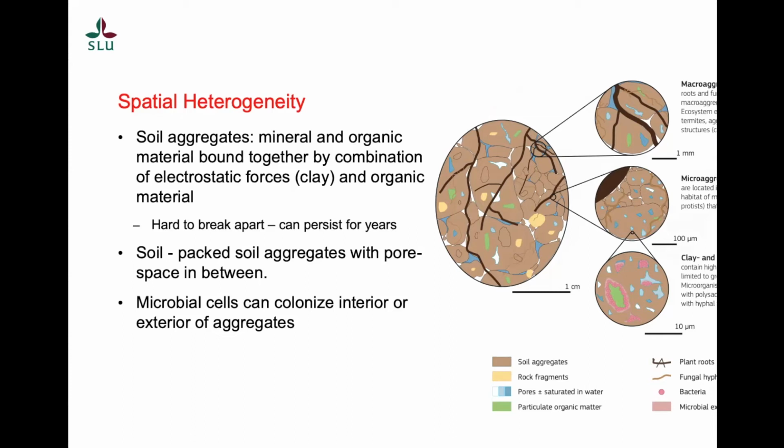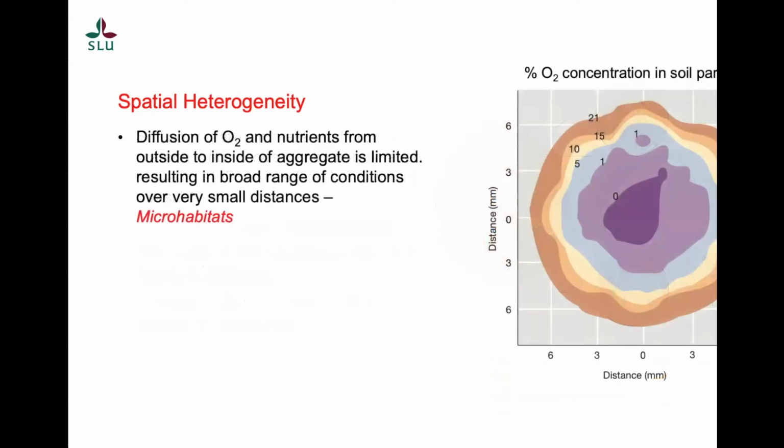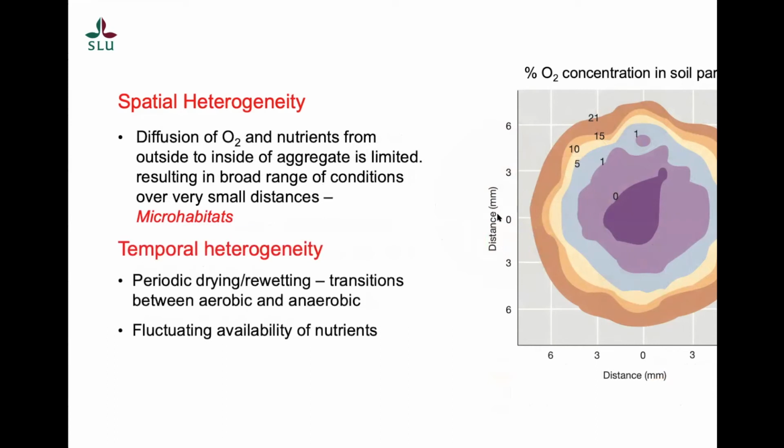So as a microorganism, a lot of these guys are adapted to rather fluctuating conditions because of the temporal heterogeneity, where you have varying availabilities of oxygen and carbon and other nutrients that you need to build up your biomass.